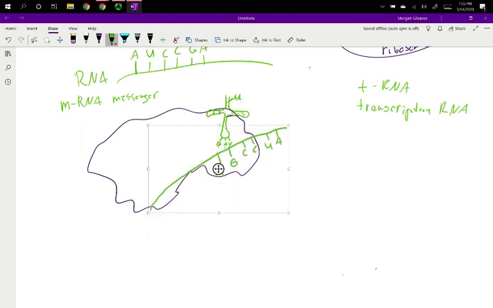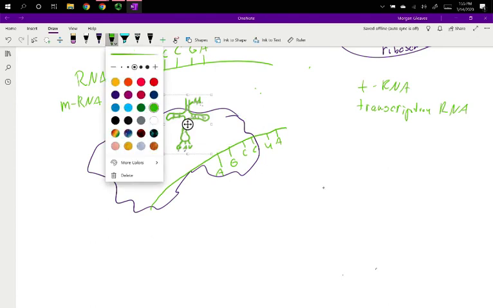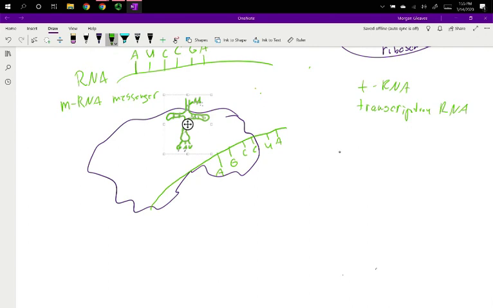will then shift. Our tRNA shifts over. What will happen is another tRNA with a separate amino acid 2, and different codes.